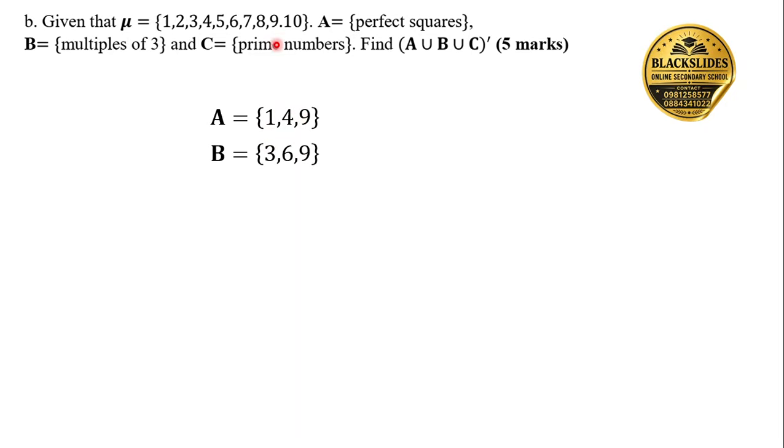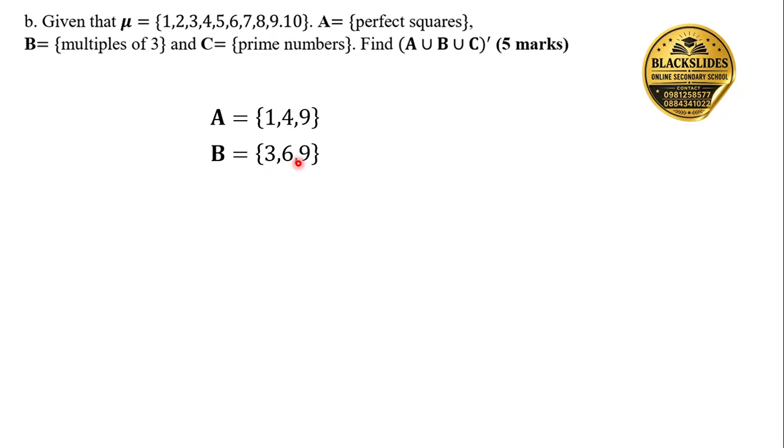And B, we are told B is multiples of 3. So multiples of 3 include 3, 6, and 9. 3 is 3 times 1. 6 is 3 times 2. 9 is 3 times 3. So these are called multiples.